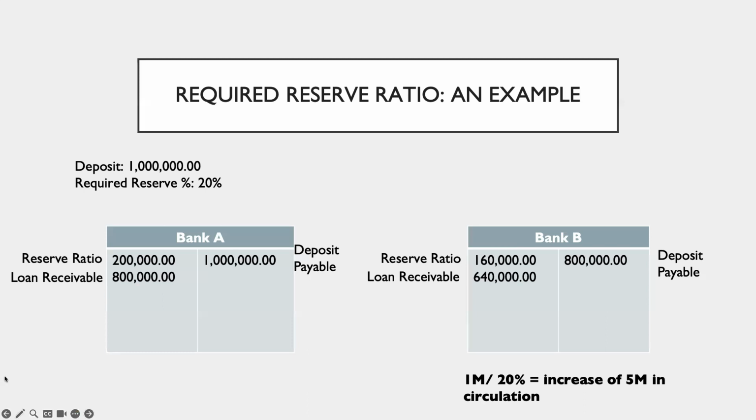So this is how the central bank controls the amount that people can spend in the economy through playing with the required reserve ratio it imposes on the banks.